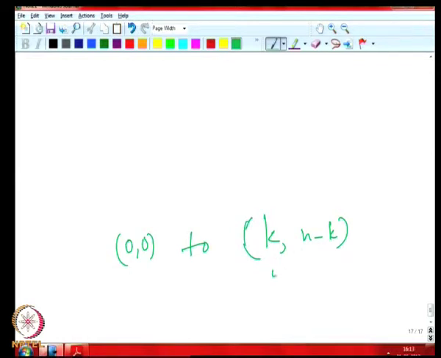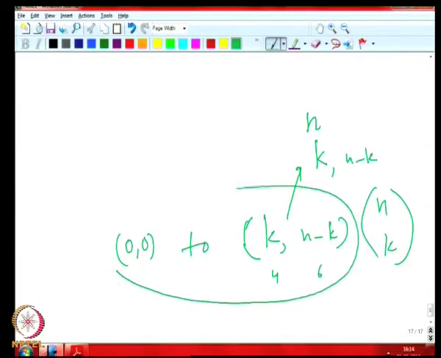In our example k was 4, and this was 6. So, that means out of n units we have to travel k units east and n minus k units north, right. So, it is just a question of fixing k E's in the sequence of n, that is n choose k. So, the number of paths from 0, 0 to this is actually n choose k, right.